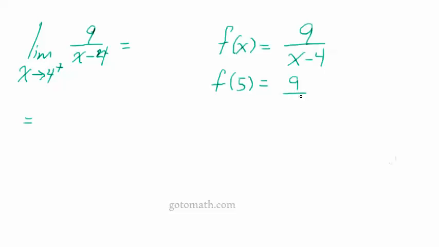So 9 over 5 minus 4 happens to be a positive number, right? So it's actually 9 over 1, which is equal to 9. So that's a positive number, and that tells us the graph is going to end up going in a positive direction, upward.